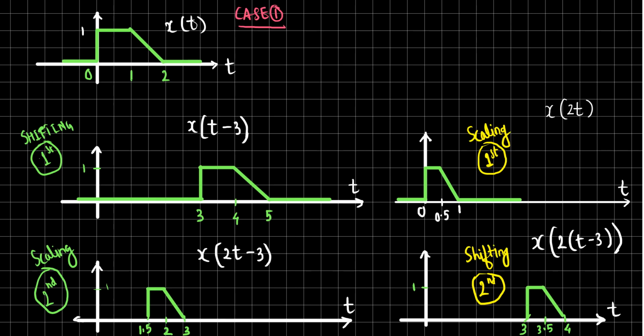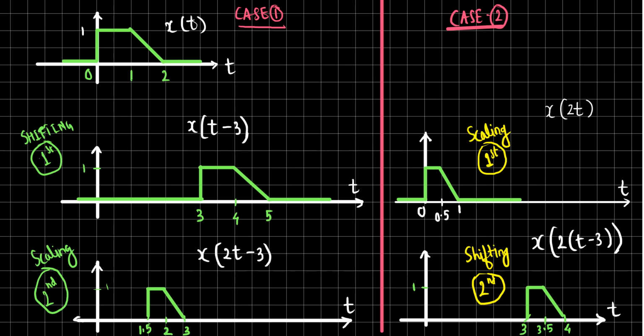Now let's observe these two cases. The case that we have seen recently is case 2. The operations on the left are case 1, where we have first shifted the signal followed by a scaling, whereas in case 2 on the right, we have scaled the signal followed by shifting.